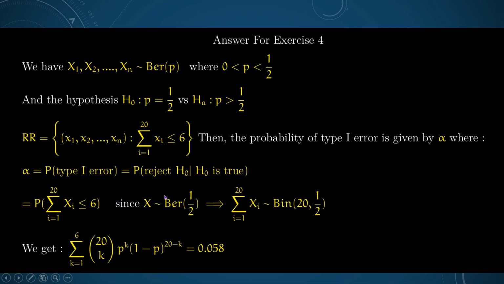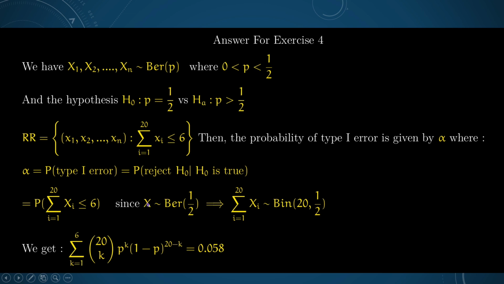Now we go on. Alpha is equal to the probability of type 1 error, so it equals this. Now you have to calculate the summation of h_i less than or equal to 6.